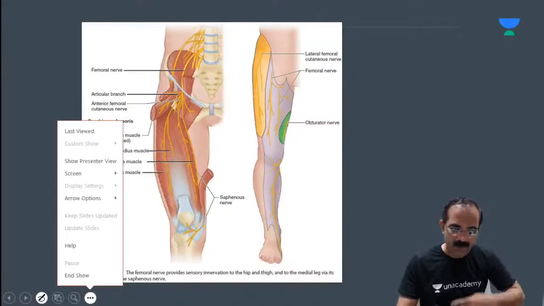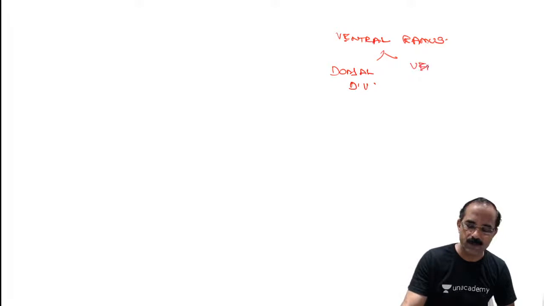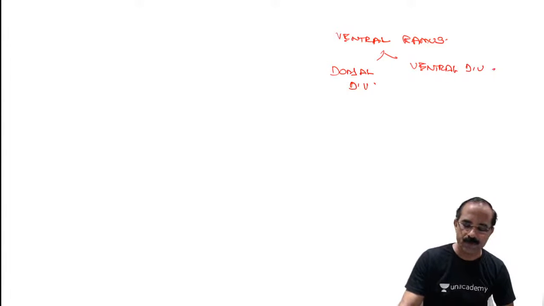So, ventral ramus would divide into a dorsal division and a ventral division. So, dorsal division of ventral rami of L2, L3, L4. This is femoral nerve.